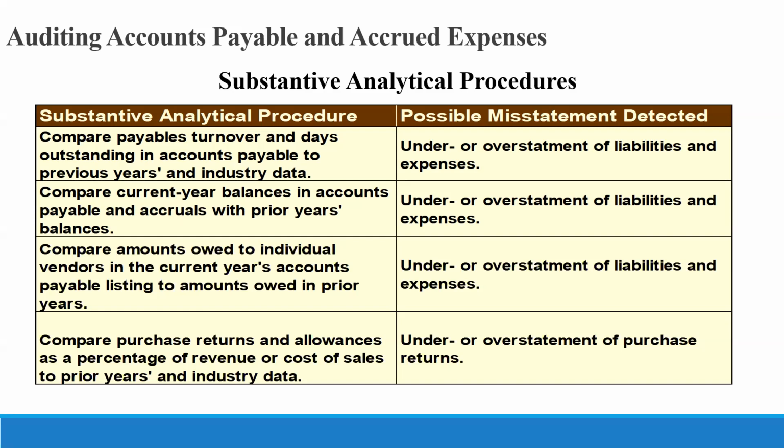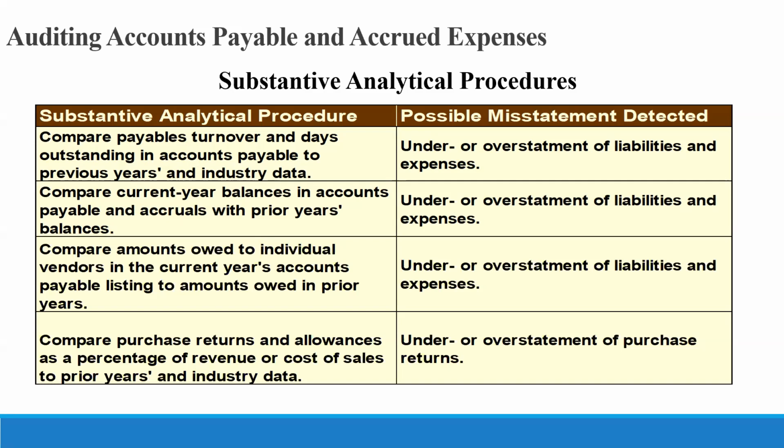So first, let's have a look at the analytical procedures. There are a few things we may highlight. First is payable turnover. If you convert the equation, that will be payable days outstanding, right?